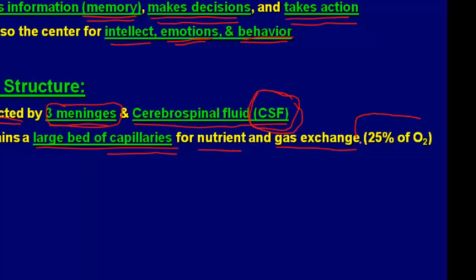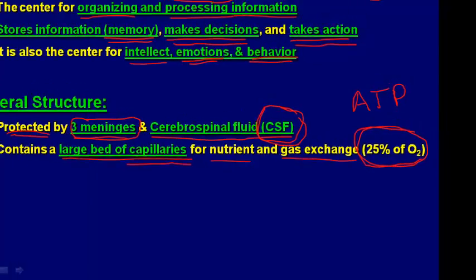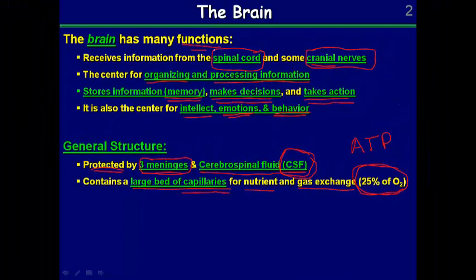Actually about 25% of the oxygen we breathe when we're at rest goes to the brain. Your brain requires a lot of nutrients and oxygen, and those are for the production of ATP. The brain needs to produce a lot of ATP in order to generate all those action potentials and control all these major functions that we've talked about.